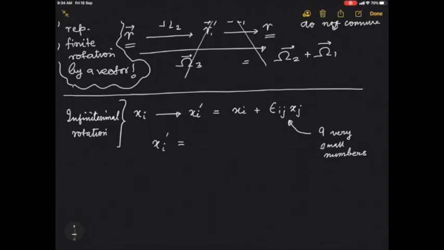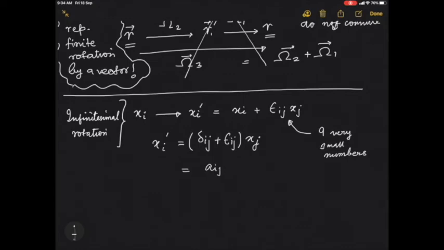Now if I write this in vector and matrix notation, let me first write xi once more as a component. Delta ij times xj is xi, because delta ij is 0 if i is not equal to j, so it's a Kronecker delta.